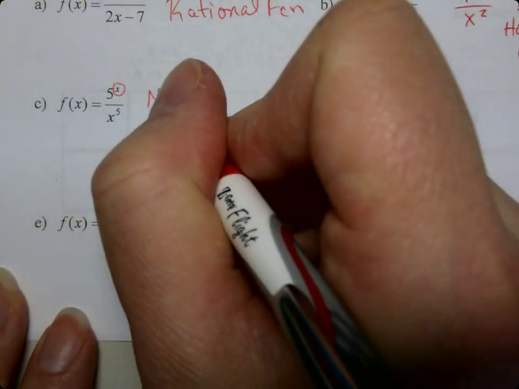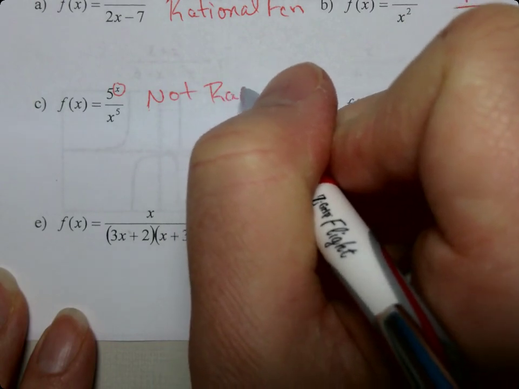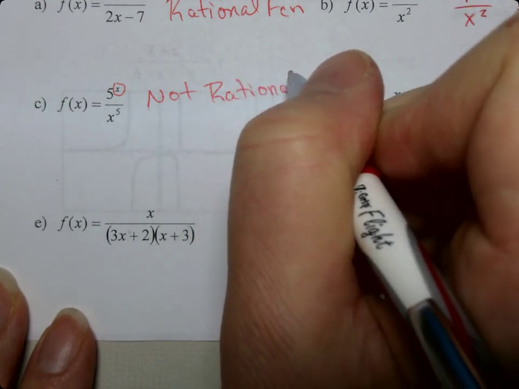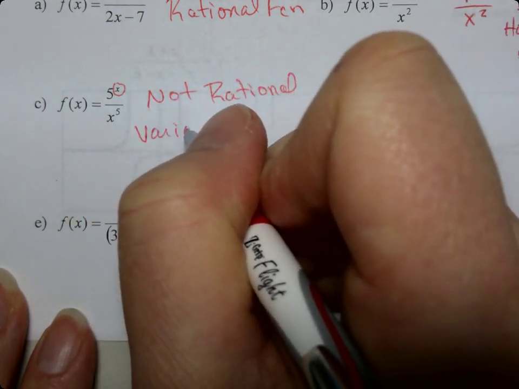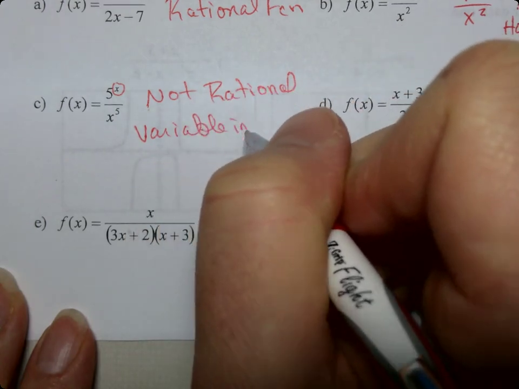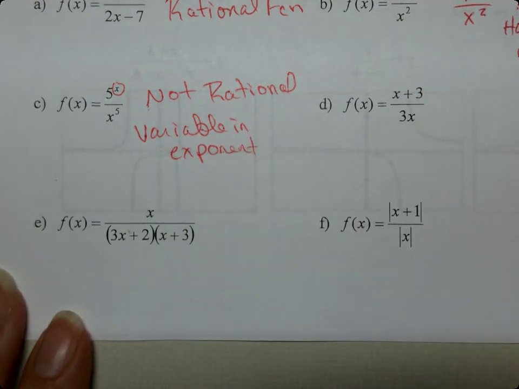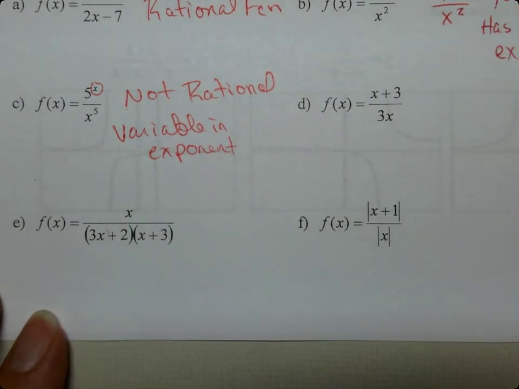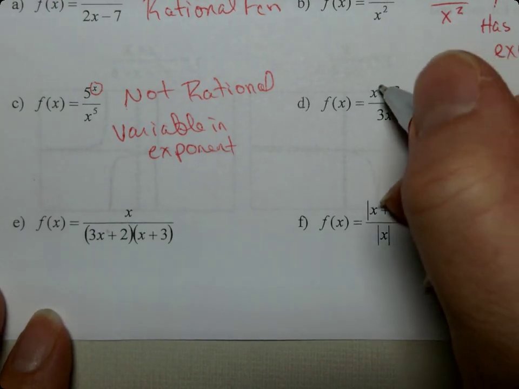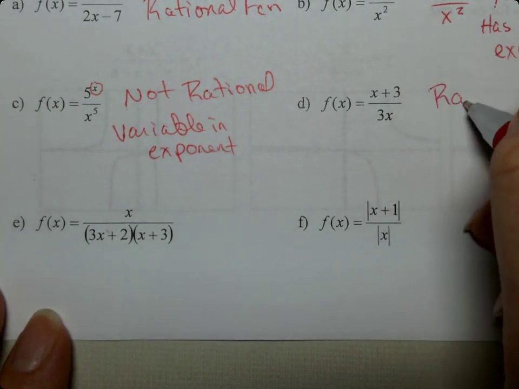So this is not rational because there's a variable in the exponent. It's all these little things we're looking for. What about D? That one's rational. Power of 1, we're good.